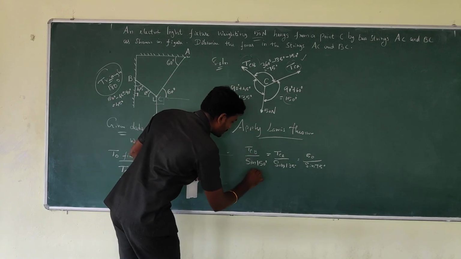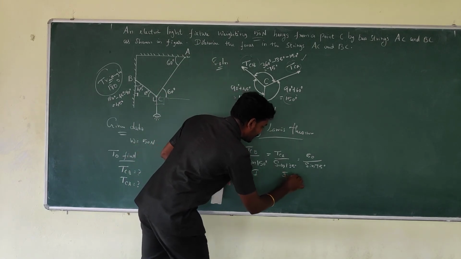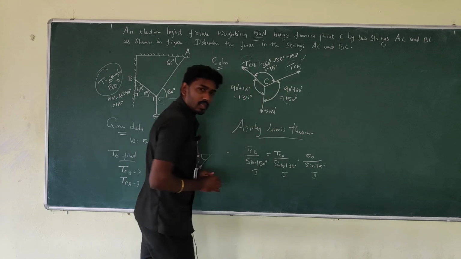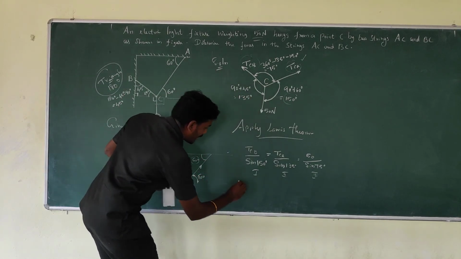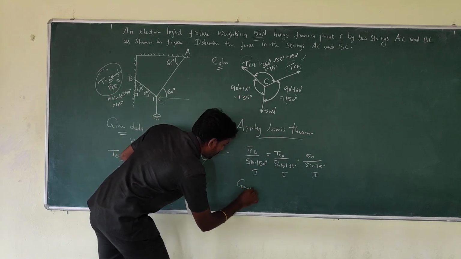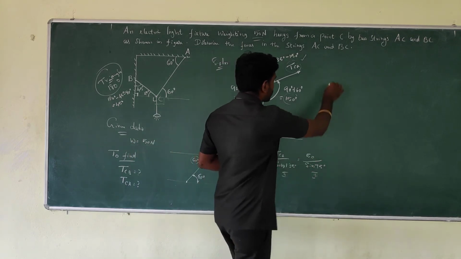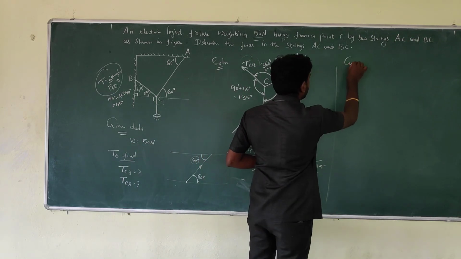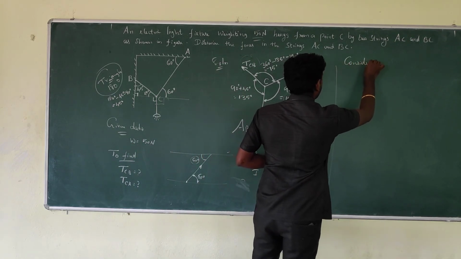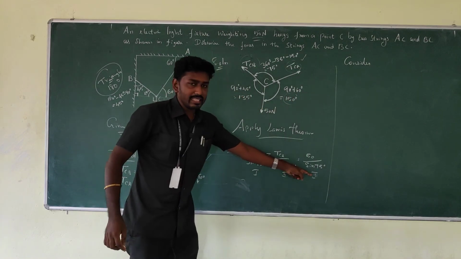If you take the components here, this is the first, this is the second, this is the third. Now to relate it, I am going to first consider 1 and 3 first.